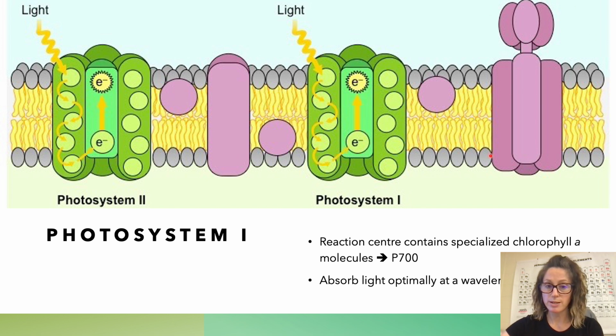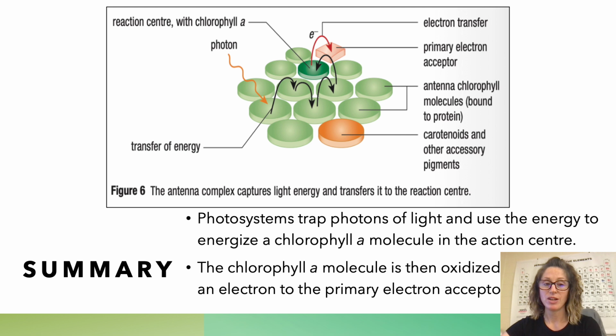Can you guess what this is based on its structure and our knowledge from previous lessons? I'm not telling you. So in summary, we have photosystems, like the one shown here. They trap photons of light from the sun.